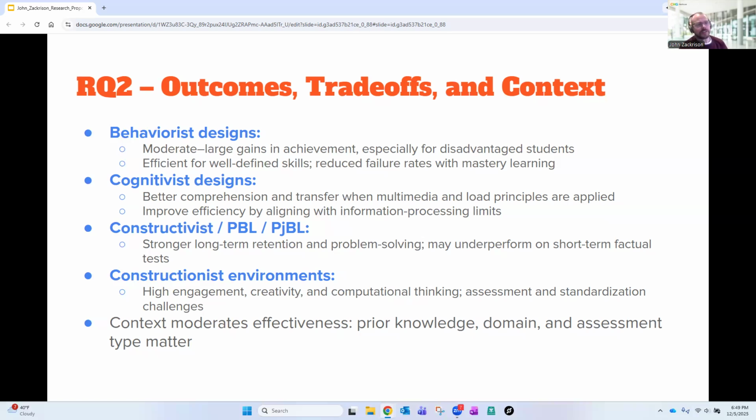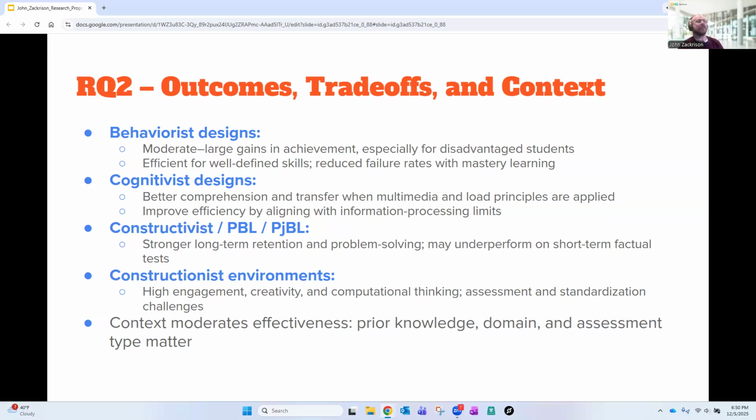Finally, constructionist environments, particularly in coding, tend to show high engagement, persistence, and development of computational thinking and design skills. However, they are harder to standardize and evaluate using our conventional tests.